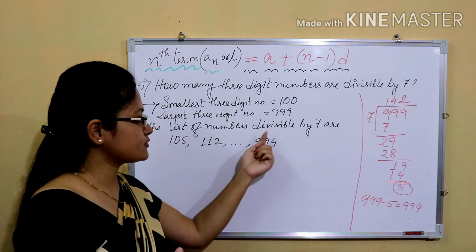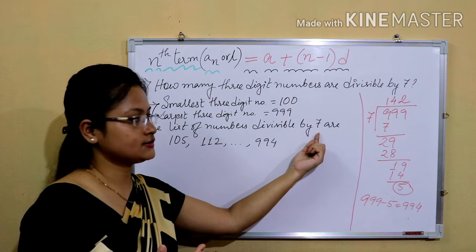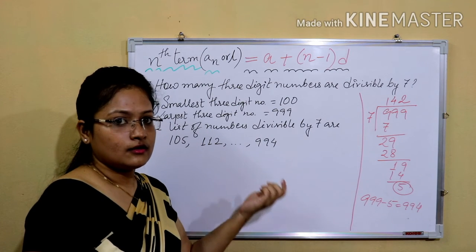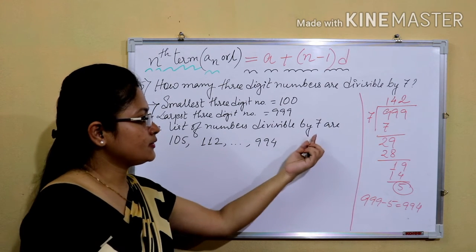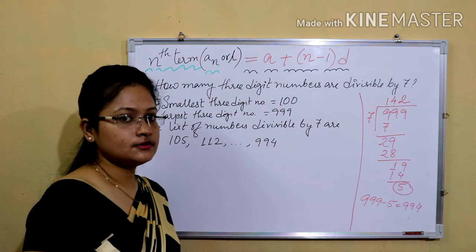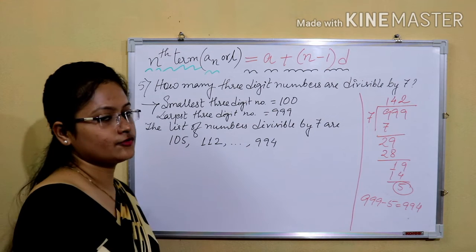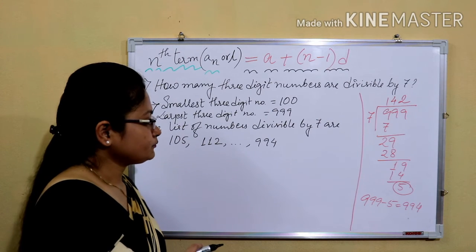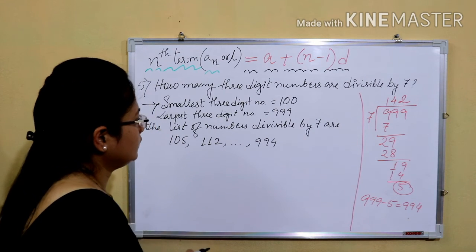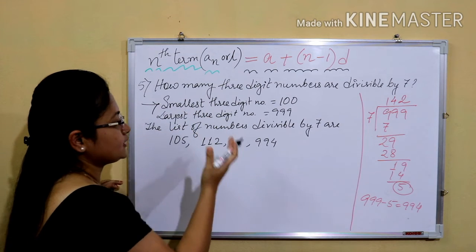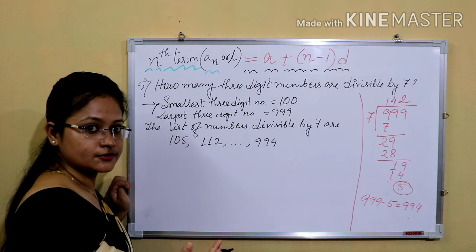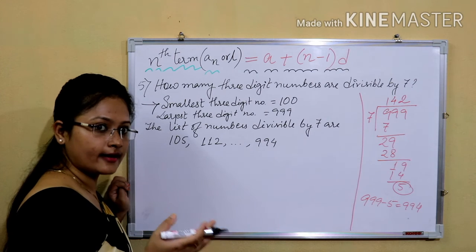Since these numbers are divisible by 7, the common difference is 7. Yes, 112 minus 105 gives 7. Now we have to find the number of terms, represented as n.